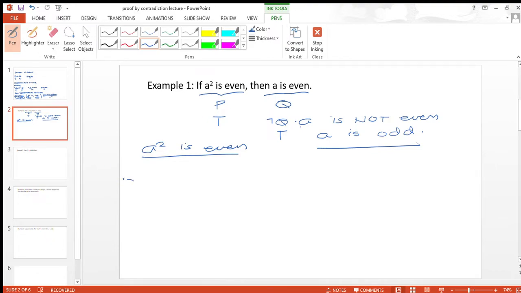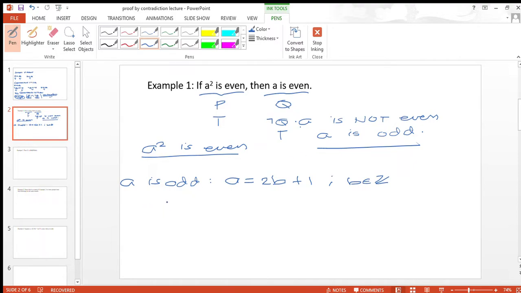Okay, so using A is not even or A is odd, this means that A can be represented as 2 multiplied by another integer plus 1. Isn't it? We have done this before. So here B is an integer, any integer. So that is now the value of our A because A is assumed to be odd.